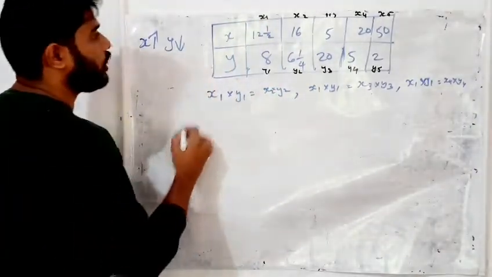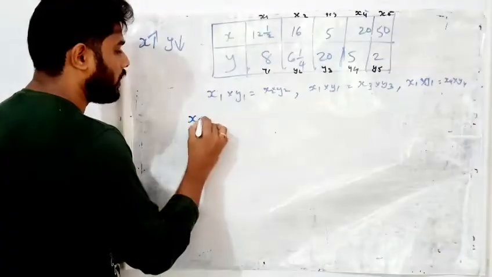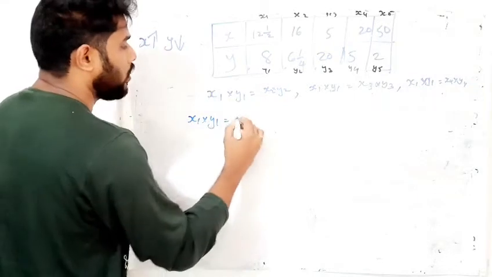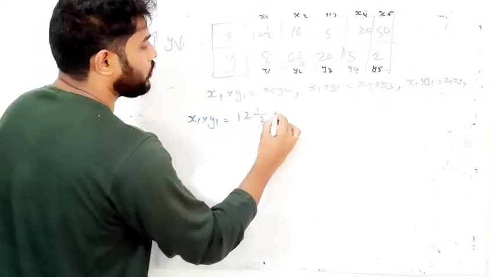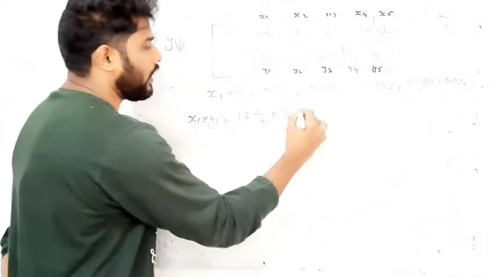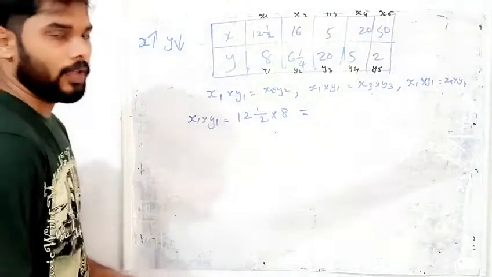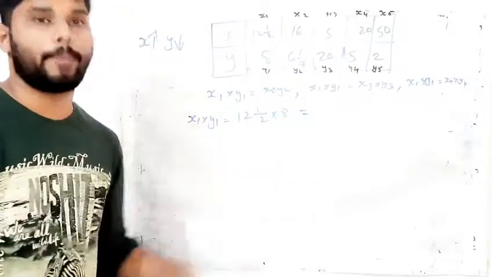Okay. x1 into y1, how much will it come? We can check. x1 into y1 is 12 and 1 by 2 into 8. Clear? So 12 and 1 by 2 is a mixed fraction. If it is a mixed fraction, we have to convert it into an improper fraction.